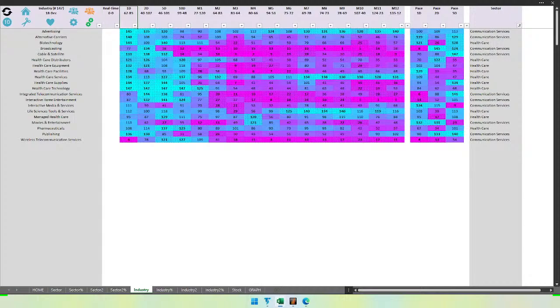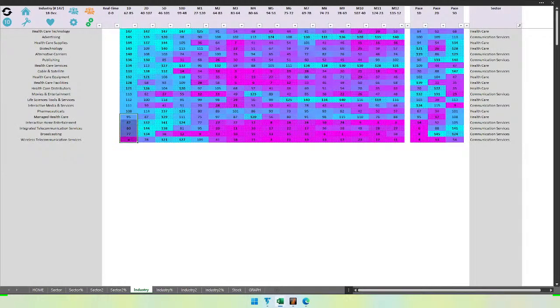I will not look at all the industries because some of them are not strong. I like to look at the top 20% that will have a checkered background, cyan color. So these are the industries I want to look at. I don't want to be restricted to the S&P 1500, so let me do one thing.